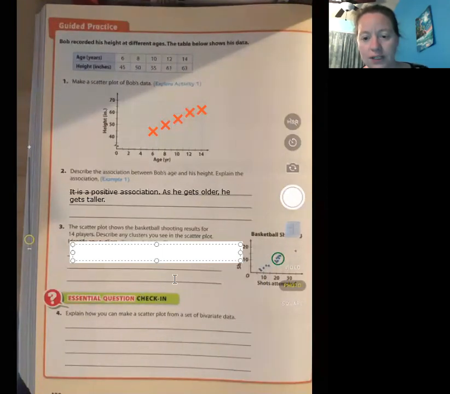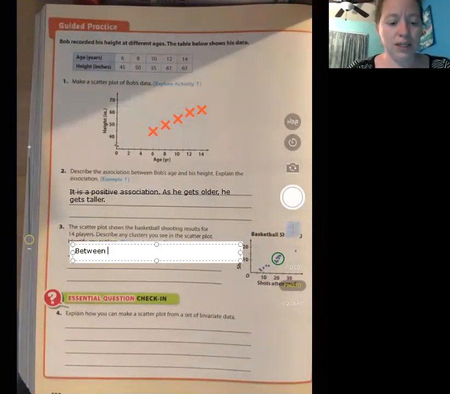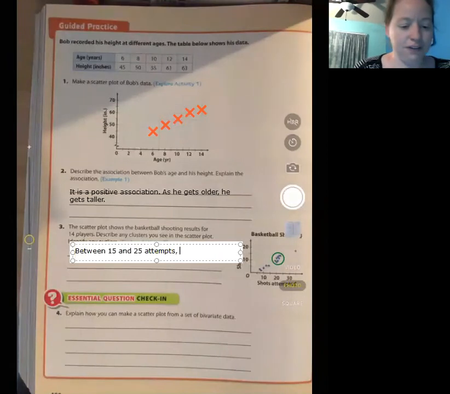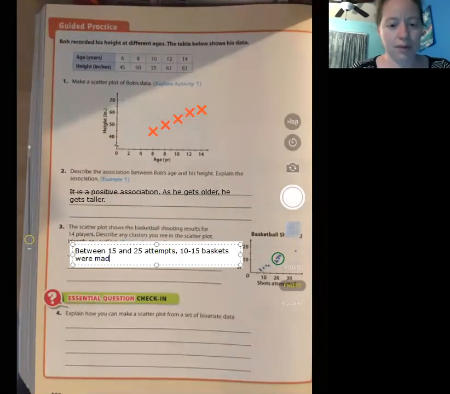So between 15 and 25 attempts, 10 to 15 baskets were made. Is a cluster. Oops, I was probably supposed to put that first.